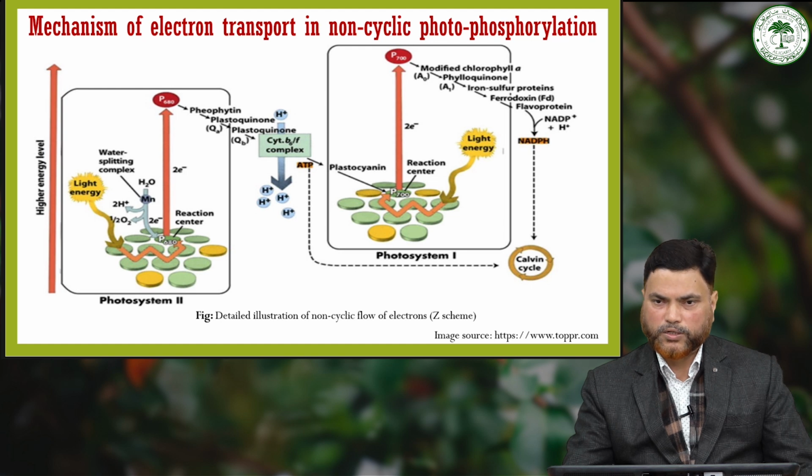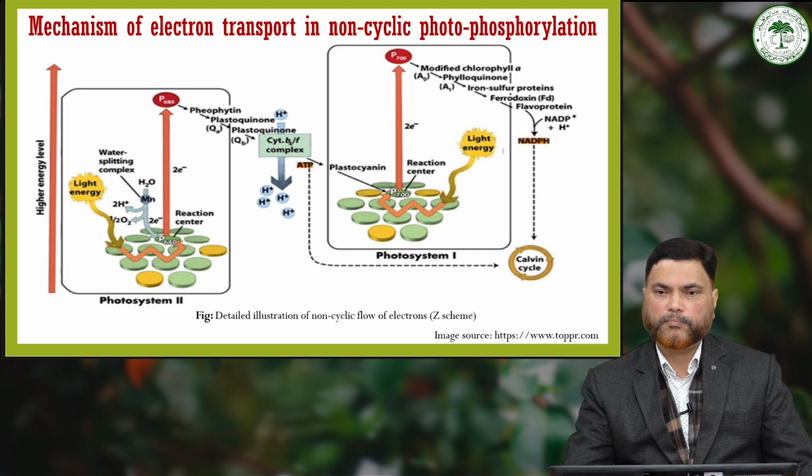So, in summary, during non-cyclic electron flow, PS2 and PS1 are connected in series. Excited P680 transfers an electron to pheophytin. P680 is oxidized by light and re-reduced by electrons from the oxidation of water. Pheophytin then transfers the electron to the plastoquinones QA and QB.